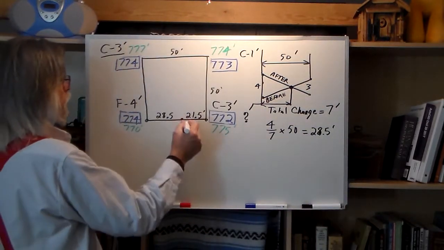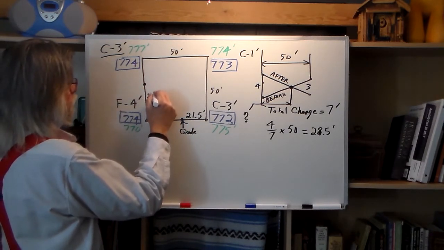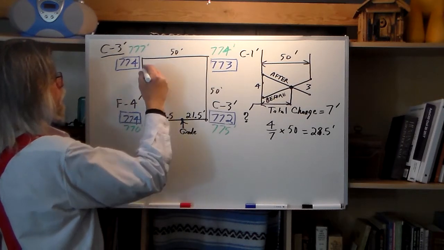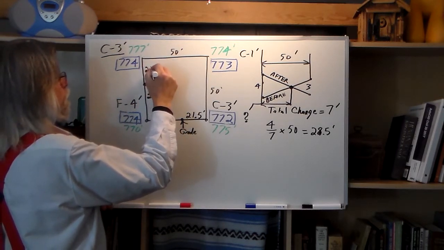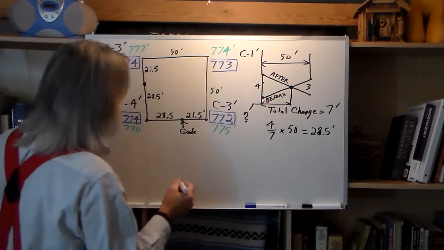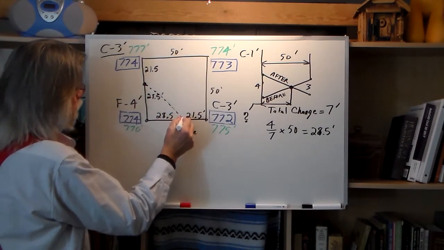So this point to this grade line will also be 28.5. It's kind of hard to read, but it'll be 28.5, and this will be 21.5, for a total of 50. Which gives us this grade line right there.